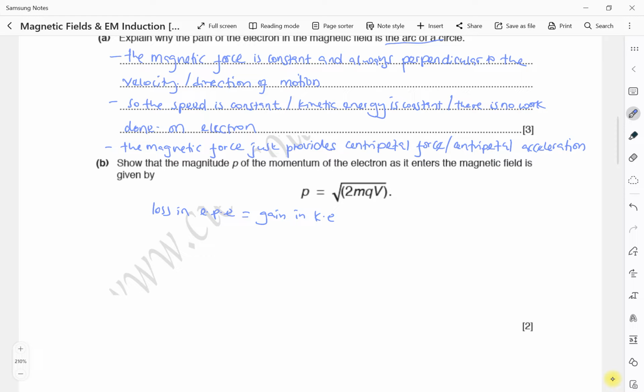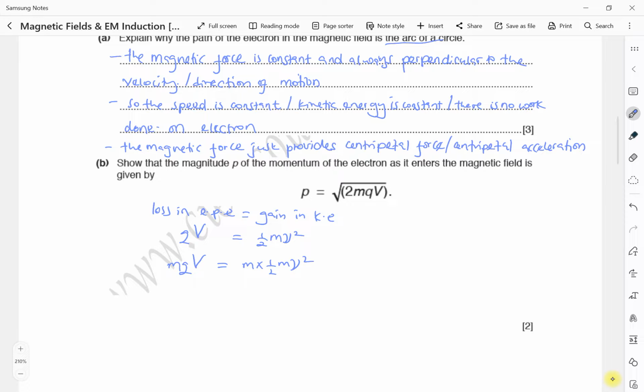But electric potential energy is charge times accelerating PD, and kinetic energy is a half times mass times the speed squared. So multiplying both sides by m, on this side I have m q V equals m times a half m v squared.